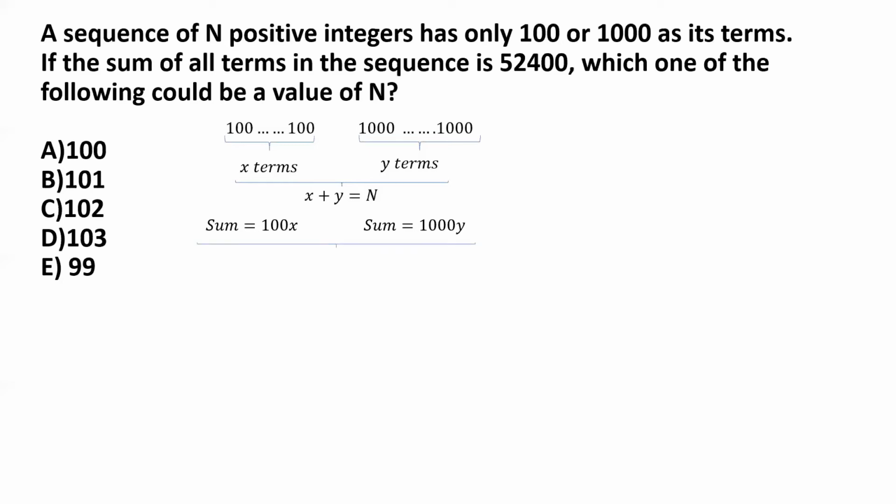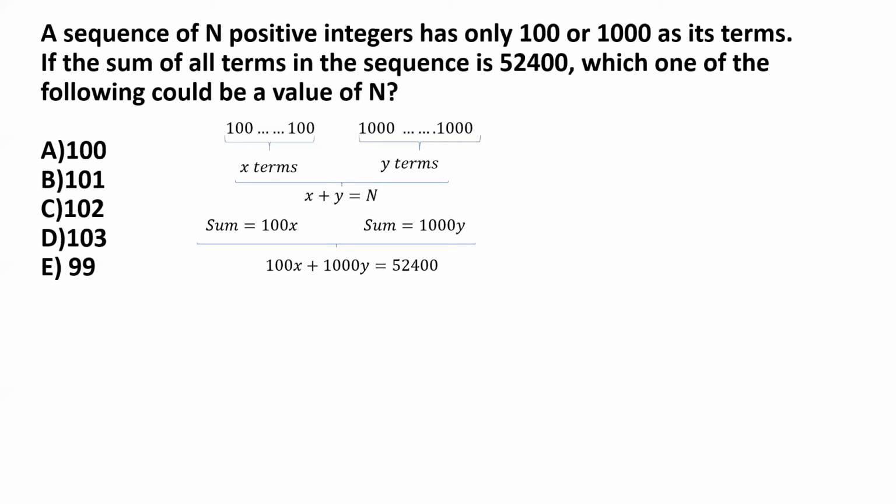Now it's given that the sum of these taken together, 100x plus 1000y, is 52400. So we have a simple equation now: 100x plus 1000y is equal to 52400.